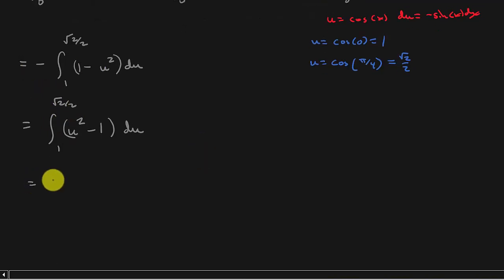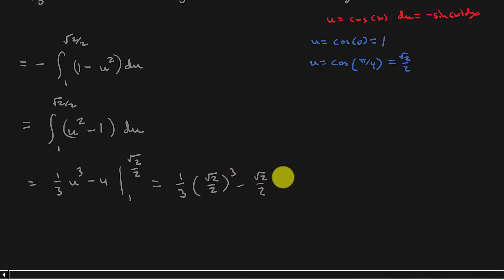And so this is going to give me 1/3 u cubed minus u from 1 to square root of 2 over 2. And so this is going to be 1/3 times square root of 2 over 2 cubed minus square root of 2 over 2, minus 1/3 times 1 cubed minus 1.